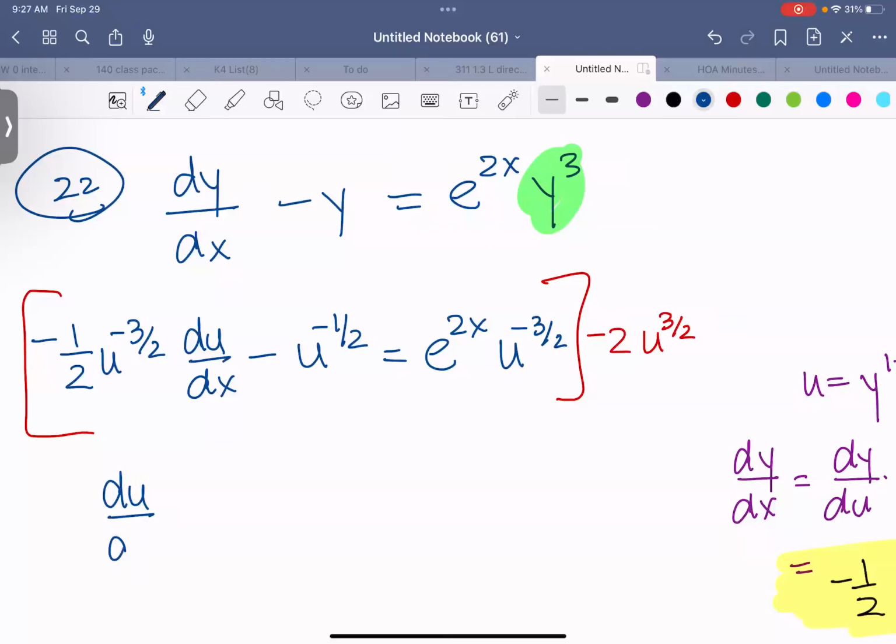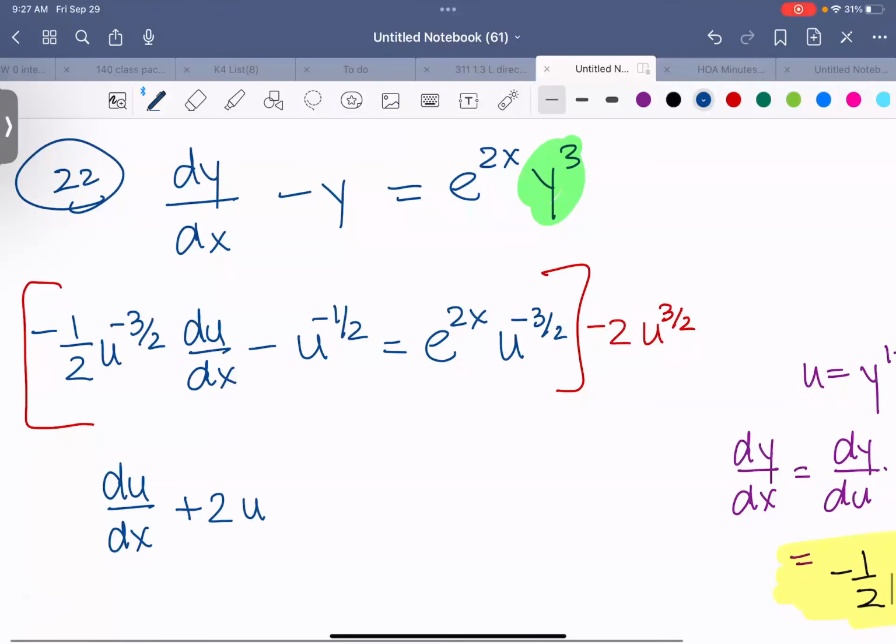So now du dx has a coefficient of 1. Distribute that to the middle. So negative 1 times negative 2 is positive 2. Add my exponents on the u. So negative 1/2 and 3/2 becomes u to the 1, so just plain old u. And then on the right-hand side, the u's will cancel, but I'm left with the negative 2 times the e to the 2x.